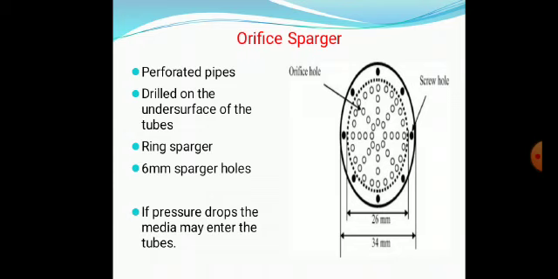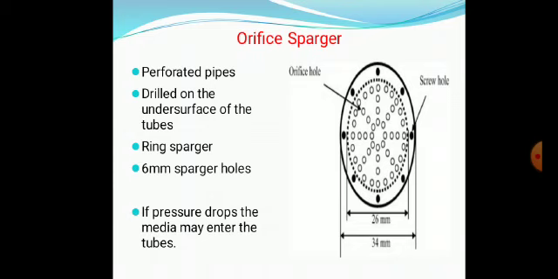So here the orifice sparger's role is the tube itself. You can see the second point: on the under surface of the tube, not on the top, small holes will be drilled in the tubes, and through the tubes air will be supplied into the fermenter.